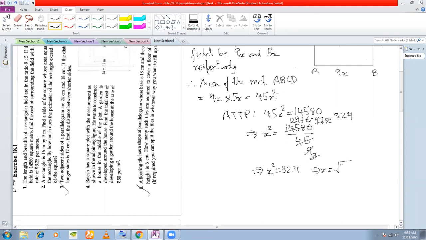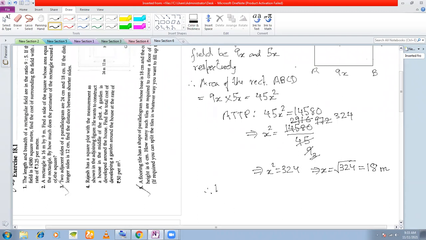Square root of 324. How do you find the square root of 324? By prime factorization, or you can also find it by the division method. What should be the square root of 324? 18, right? You can find this to be 18 meters.